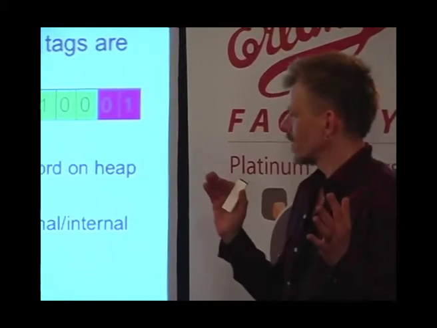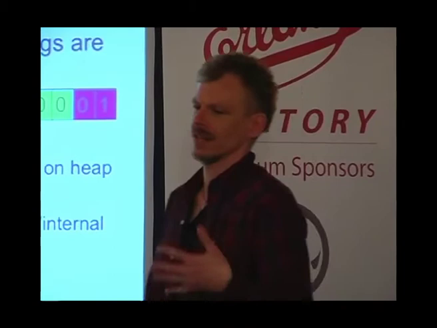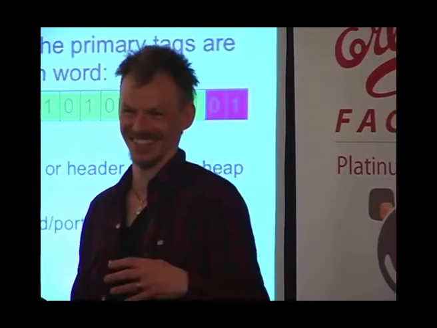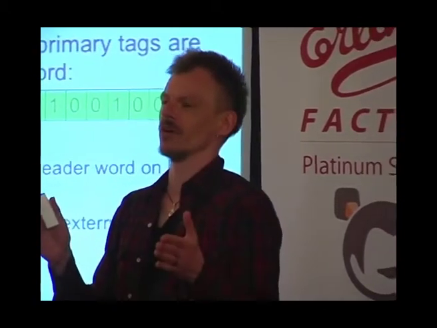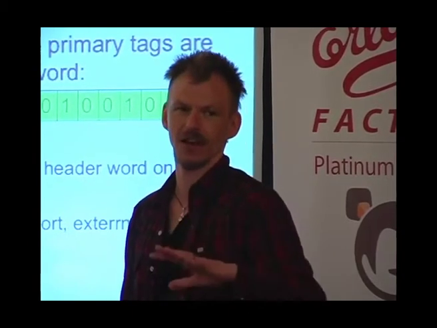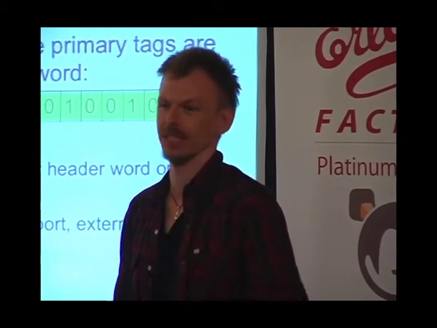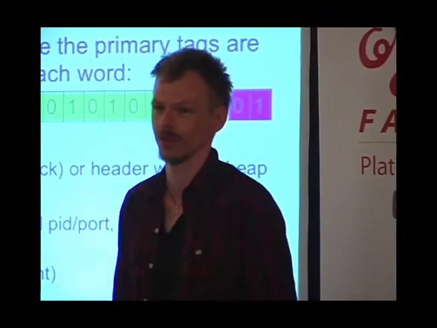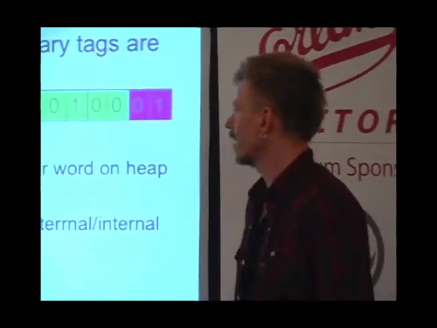So we have this dynamic language, and contrary to C, for example, which is a little bit dynamic because you can do anything, but you don't know what data it is. If you take one word from the C stack and look at it, you have no idea what it is. It could be part of a string, or an integer, or half of a floating point number, or whatever. But in Erlang, everything is tagged.